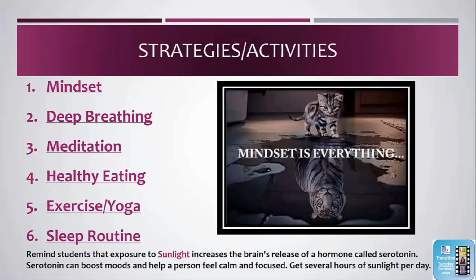And lastly, it's important to remind students that exposure to sunlight increases the brain's release of a hormone called serotonin. Serotonin can boost moods and help a person feel calm and focused. They need to get several hours of sunlight per day. For today's bonus, we will be providing resources for all of these sub-skills or activities.